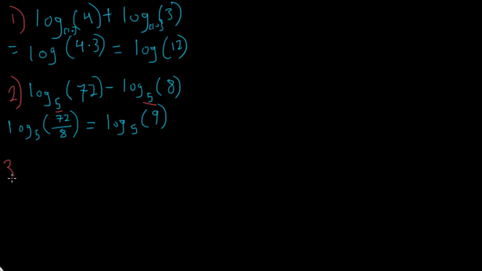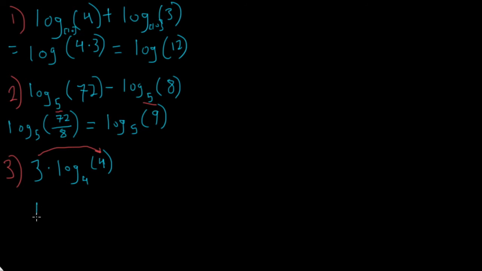All right, let's do another one. Say we have 3 times log base 4 of 4. Okay, so see if you can simplify that. All right, so what we know is that when we have a multiplied number outside, we can bring it inside the log as an exponent.